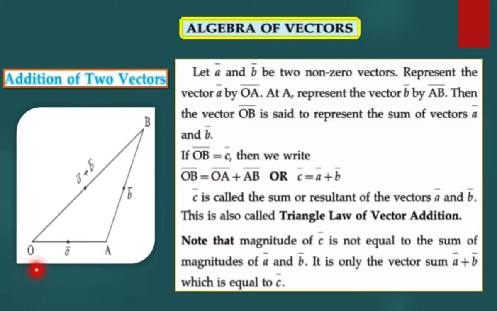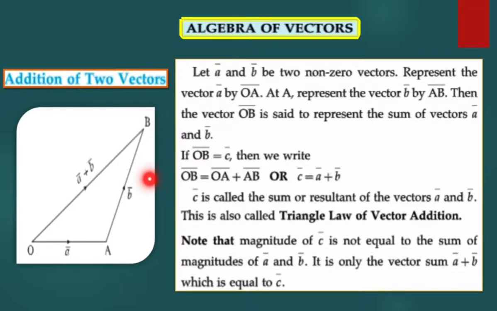Vector OA we represent by vector a bar and vector AB we represent by vector b bar. Vector OA we write with respect to origin O, and vector AB we write with respect to A. That means here O is the initial point, A is the terminal point. In vector AB, A is the initial point and B is the final point.